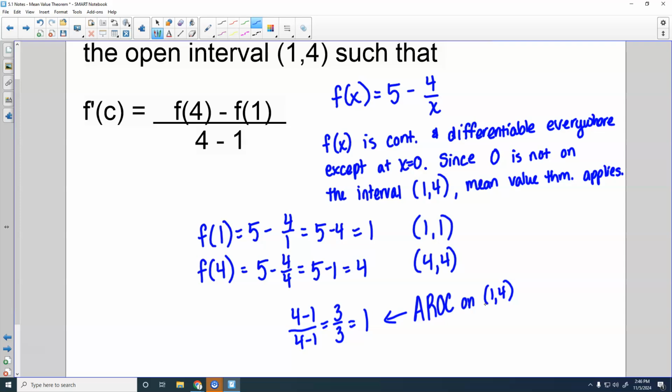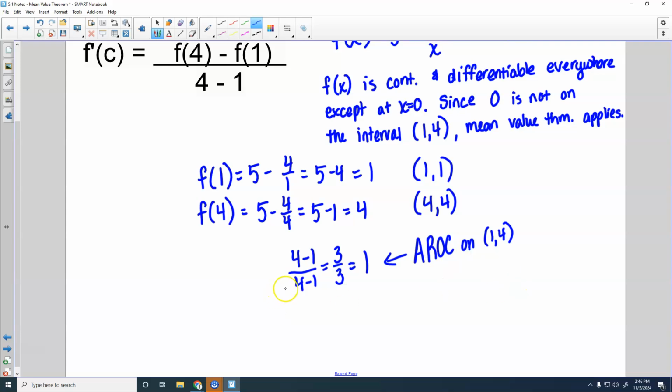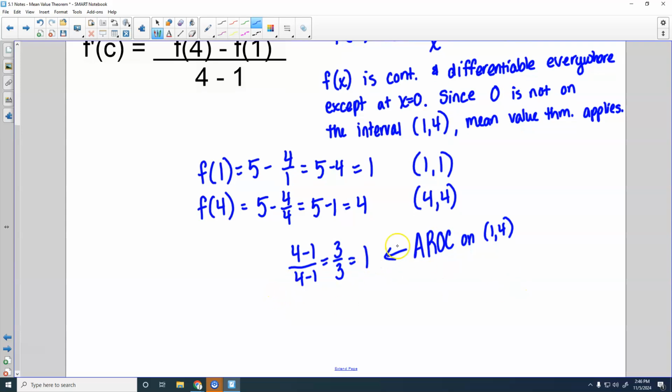But we'll be okay here. So the average rate of change on 1 to 4 is 1. So the mean value theorem tells me that therefore f prime of c must equal 1 at least once on the interval from 1 to 4.